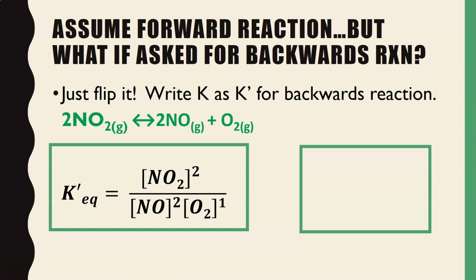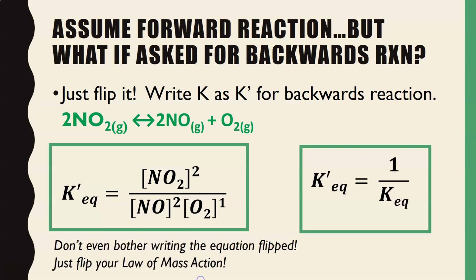And if we just want a generic version, there we go. I guess I can't say never, but I would be surprised if I asked you to rewrite the entire equation backwards. Just flip your law of mass action, just flip your K expression.